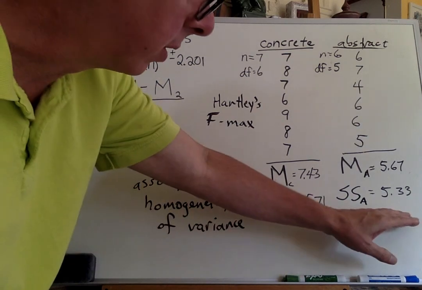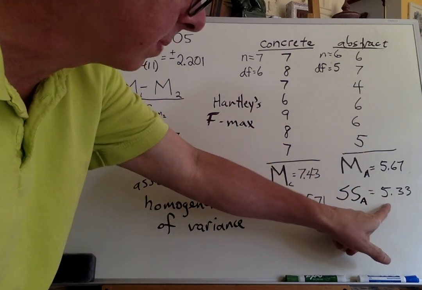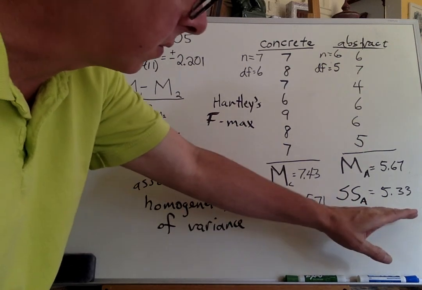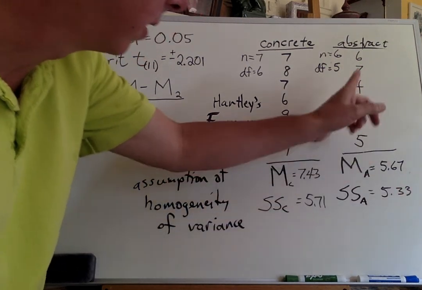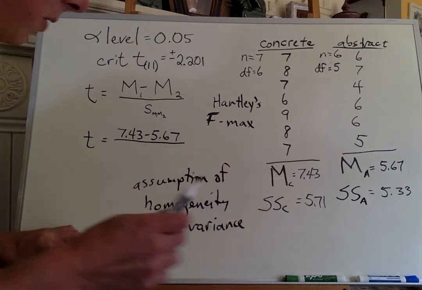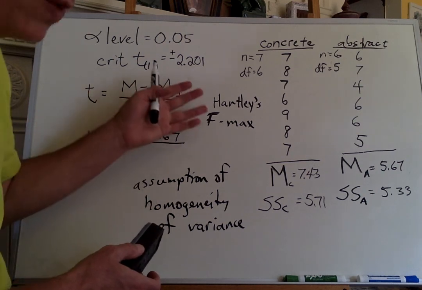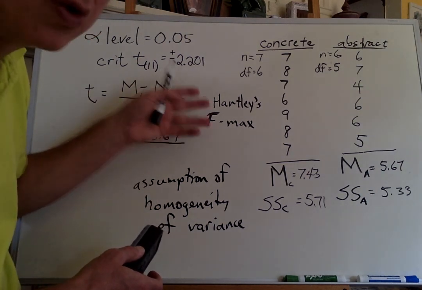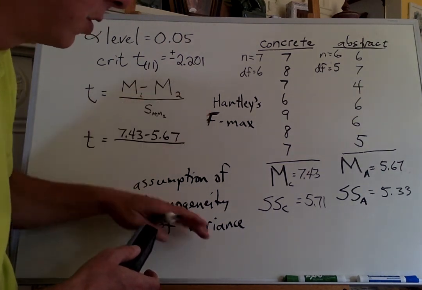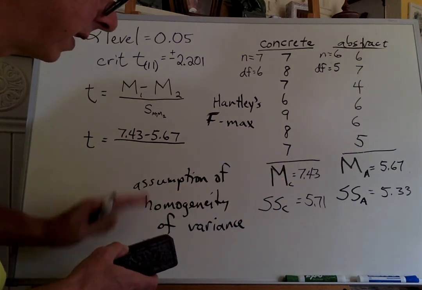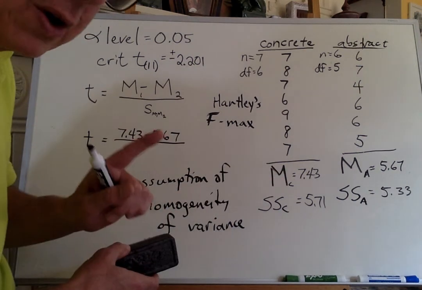They look pretty similar, but remember, this is only from 6 people and this is from 7. So there's a little bit more variability here than here. But you'll have to trust me on this one. I'd rather not open this tool right now. We'll leave it shrink wrapped. We'll just assume that we have homogeneity of variance, but it's very important.